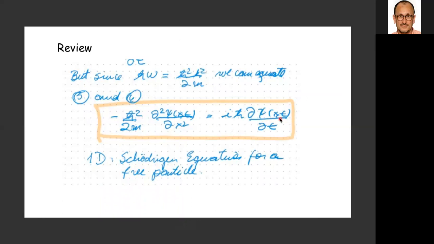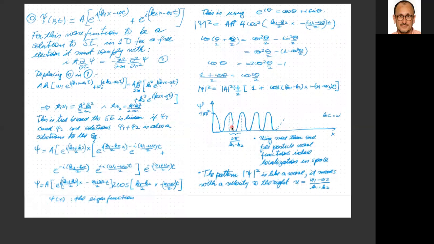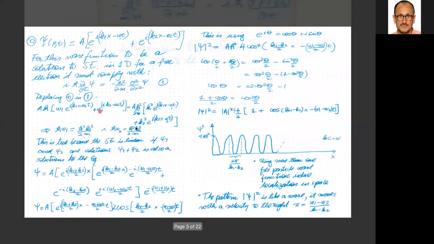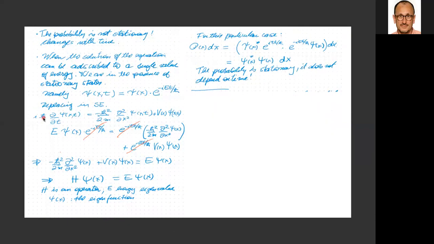I have already done that here, because minus i h bar omega is this energy here, so I can write omega as E divided by h bar. So if I write it like this, it is a solution to this equation, okay?